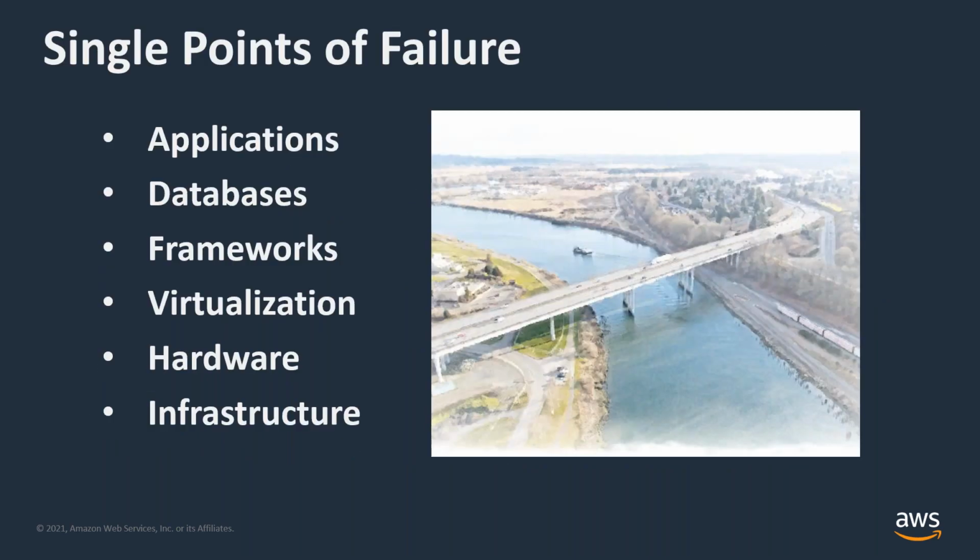Another term that I wanted to cover real quickly is single point of failure. Single point of failure means, quite simply, a part of a system that, if it fails, would stop the entire system from working. So for example, since we're talking about WordPress, if your WordPress instance relies on a single database, it's considered a single point of failure.